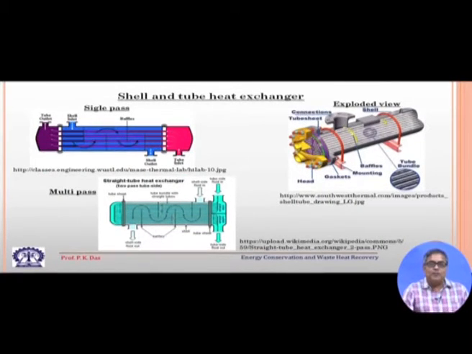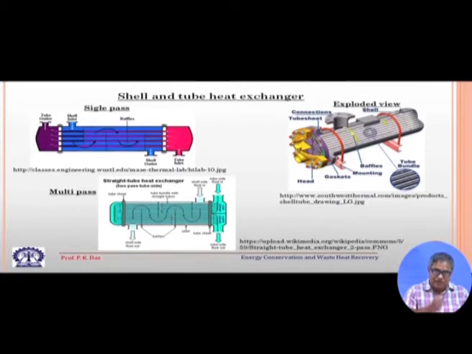But obviously, the problem you have seen is that a tube in tube heat exchanger will have a large length, or otherwise we have to go for some design modification if we want a certain amount of heat duty or heat transfer. So, what is most commonly done is that we have a shell and tube heat exchanger.